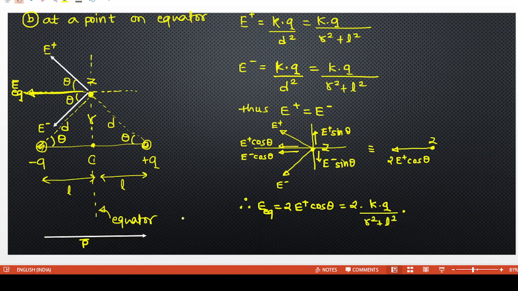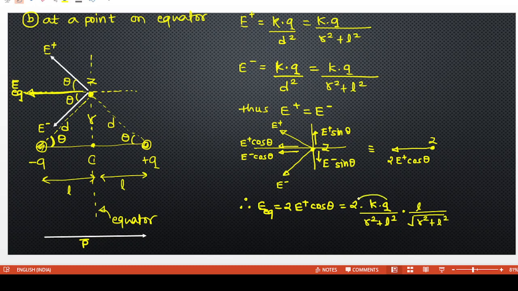And what about cos theta? What is cos theta here? Adjacent, what is adjacent? L. And what is hypotenuse? D. And how to replace D? Under root r square plus l square.